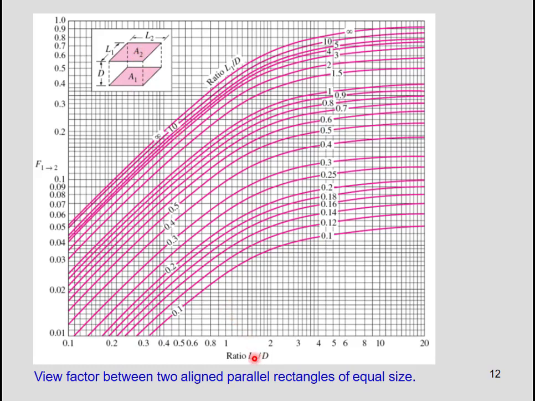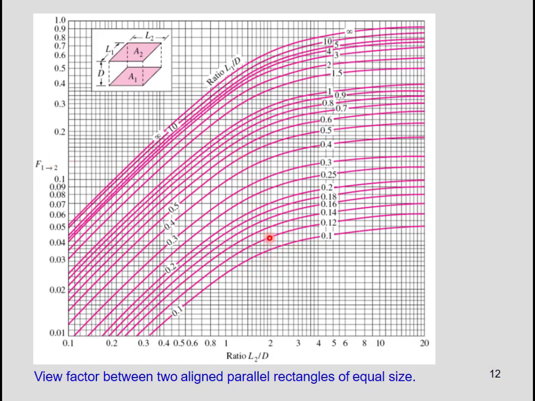So L2 divided by D increased means L2 is increased, a bigger surface, or D is decreased. In other words, they are closer to each other. So when surface 2 is bigger or it is closer to surface 1, the view factor from surface 1 to 2 will be higher.